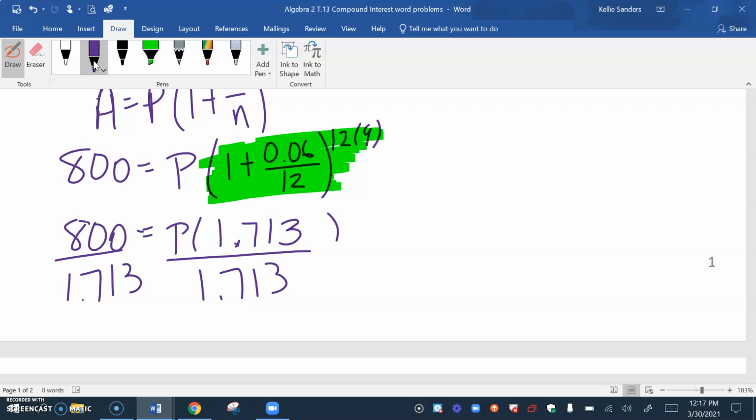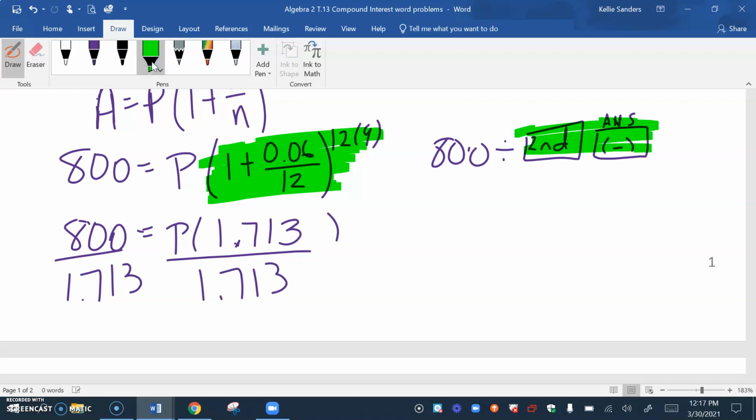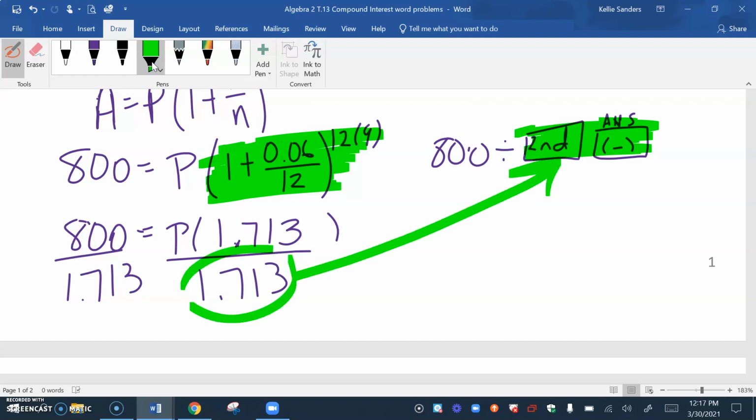I'm going to keep that answer in the calculator, and the keystrokes I'm going to do are 800 divided by second, and then the negative sign, because above the negative sign it says ANS, and what this does is it puts this answer in for that, okay?